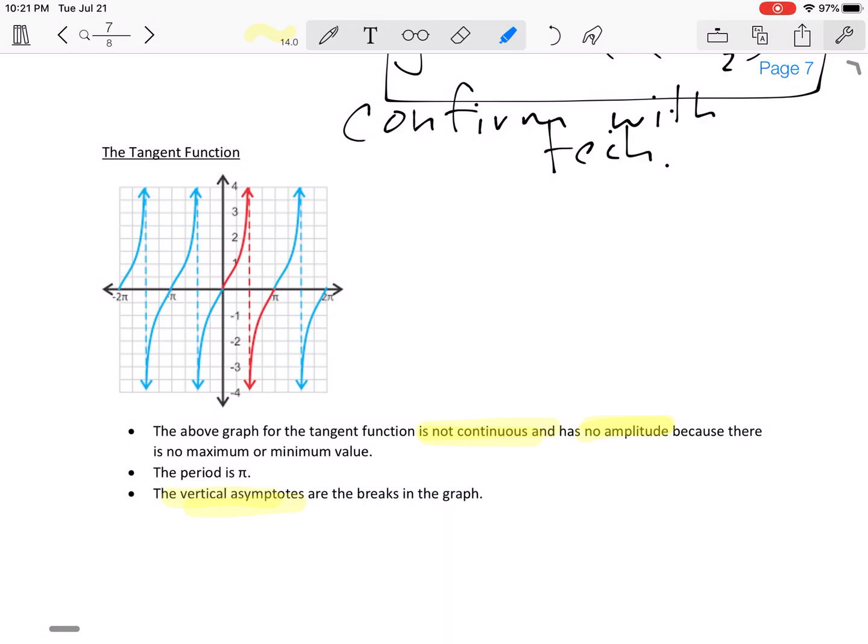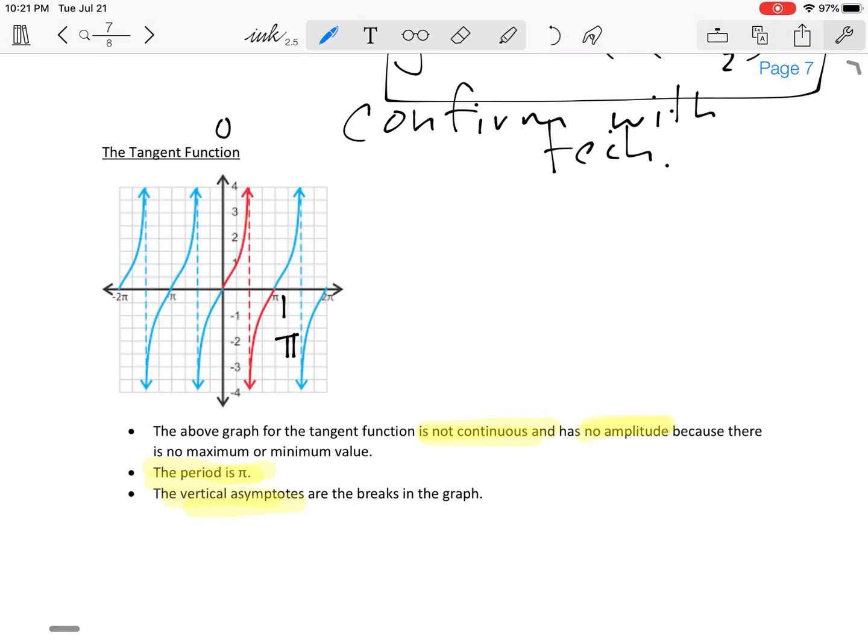The other thing we can draw from this type of graph is that there is no amplitude, because the graph keeps going up and keeps going down. It keeps getting closer and closer to that asymptote without ever actually touching it. The period of a tan function is pi. If you look at the one in red here, it starts at 0 and ends here at pi, so the gap between that is pi. That's the period. Because there's no amplitude, there's no maximum and no minimum value.